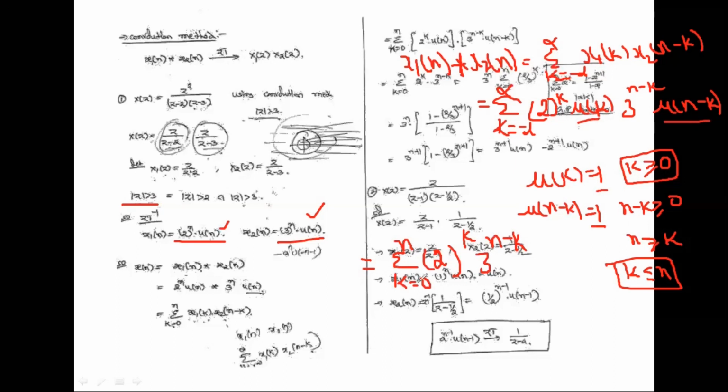And here the summation is over k, taking only the k values. Power n is a constant, 3 power n, if I am writing it. The sum of k equal to 0 to n, 2 power k, 3 power minus k. And again you can write the 3 power n, and the value becomes 3 power k and 3 power minus k.